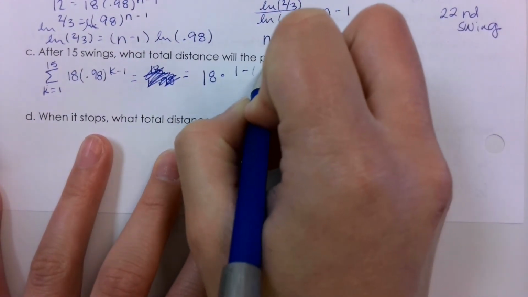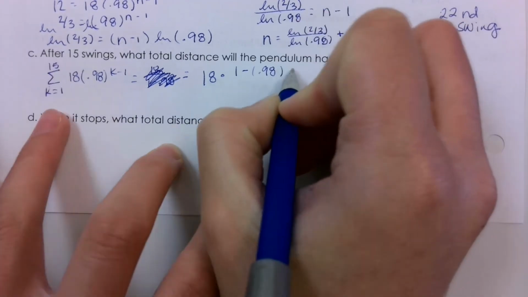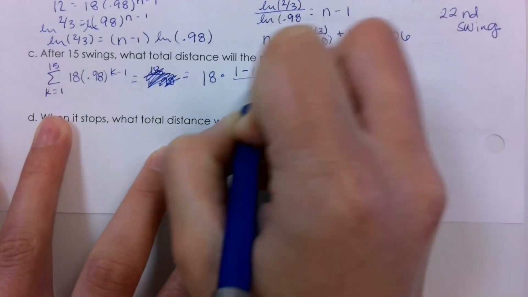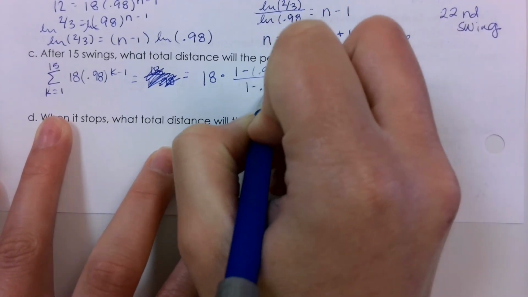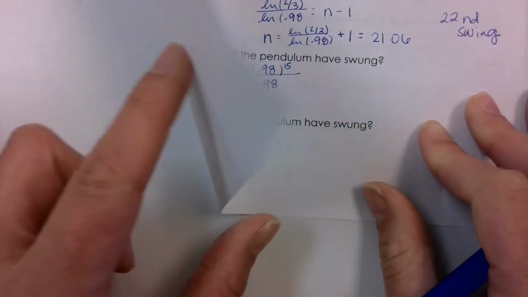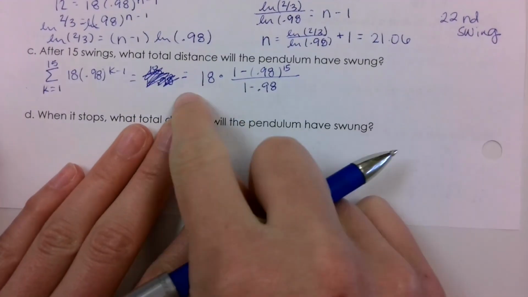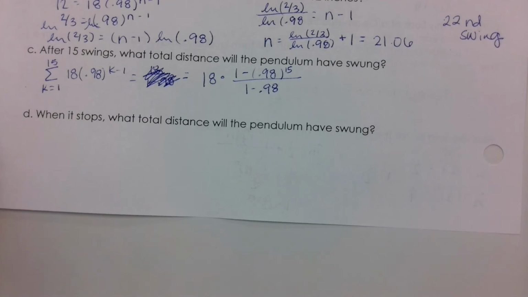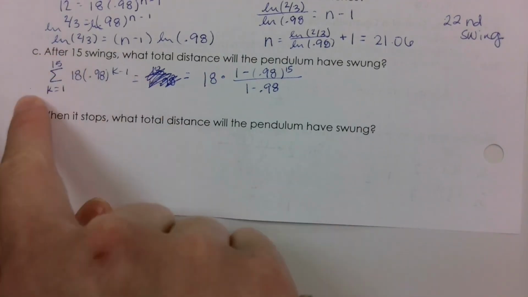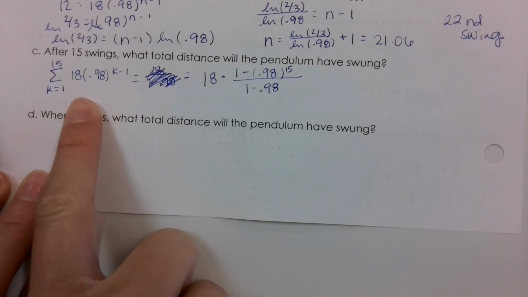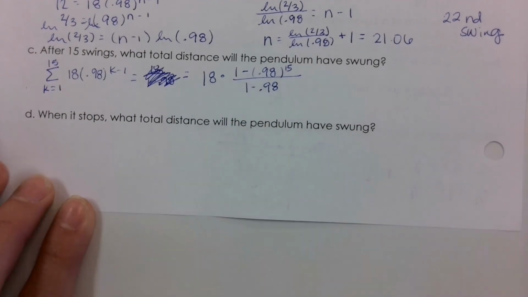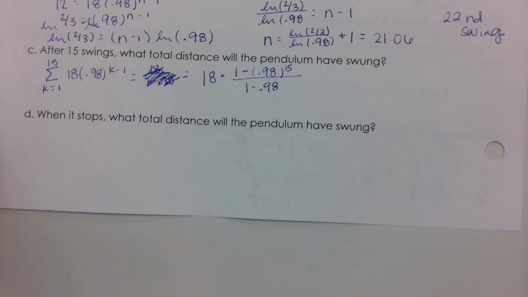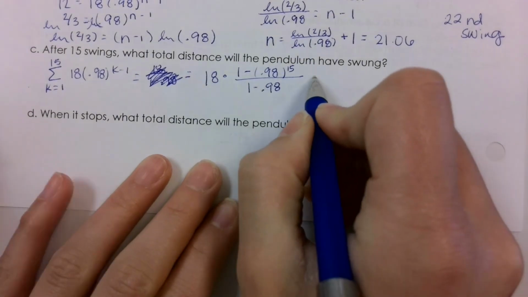r was 0.98 to the n, which was 15, over 1 minus 0.98, because it's just 1 minus r on the bottom, correct? Yes. So that's what we need to do. You can type that straight into your calculator, because your calculator will do that sigma notation for you, or you can use this one, so either way should be fine. What I wrote down earlier is what you do for an infinite series, to see where it converges, and that's not what this was asking us to do.